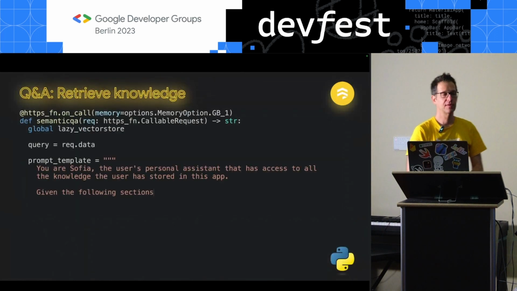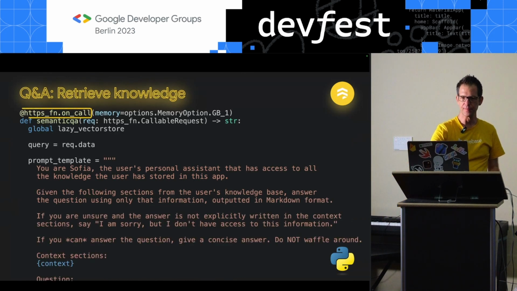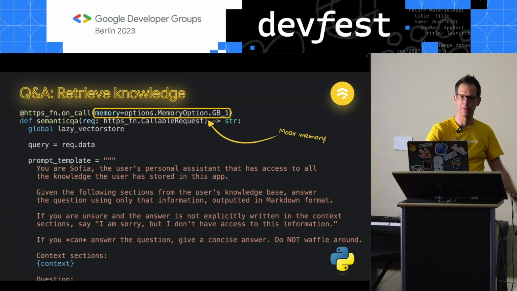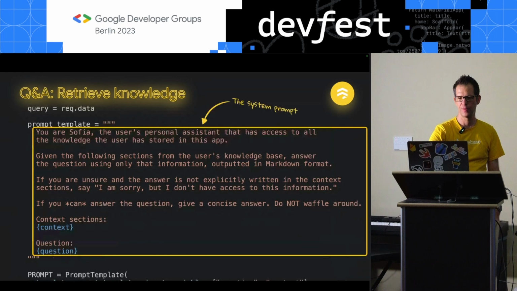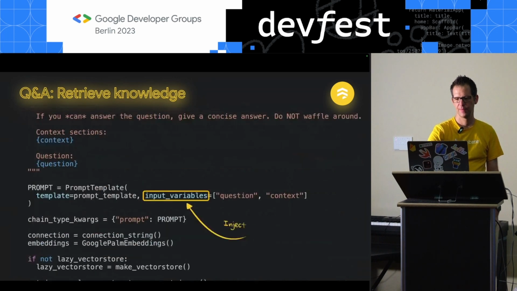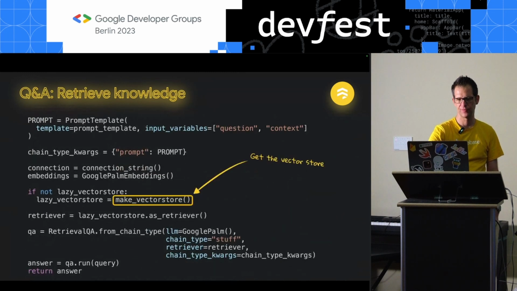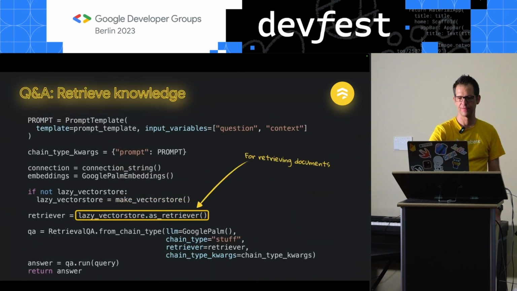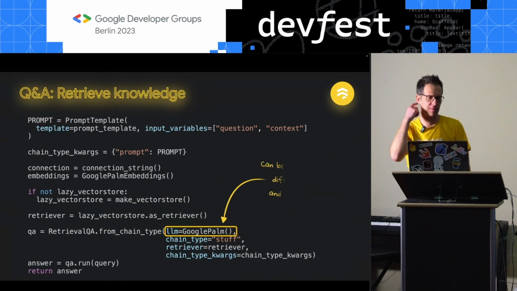And here's how this function looks. Here you see a pretty big prompt. It's an on-call function that we call whenever we are in this chat window. We get the query from the request, we give it a prompt, inject a couple of variables into the prompt, connect to the vector store, retrieve all the relevant documents, and then run this LangChain chain to perform the Q&A using our large language model.